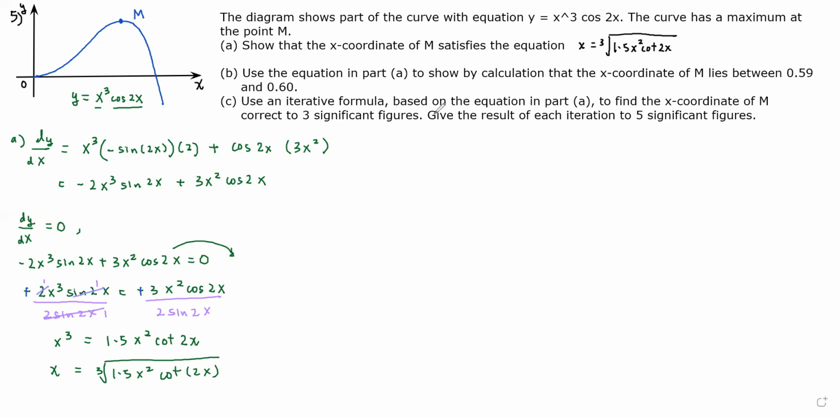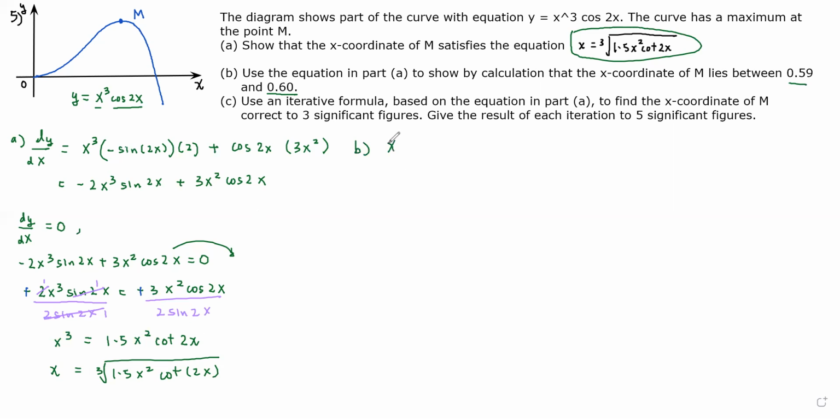Part B, you need to use the equation in part A to show by calculation that the x-coordinate of M lies between 0.59 and 0.6. From this equation, we need to show that the x value that satisfies this equation is between 0.59 and 0.6.